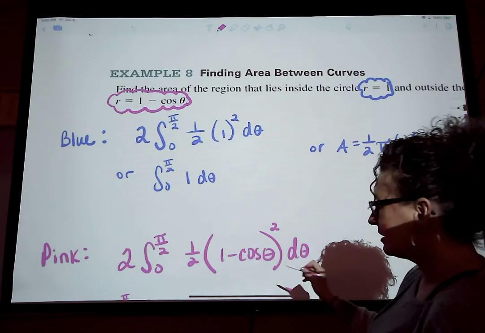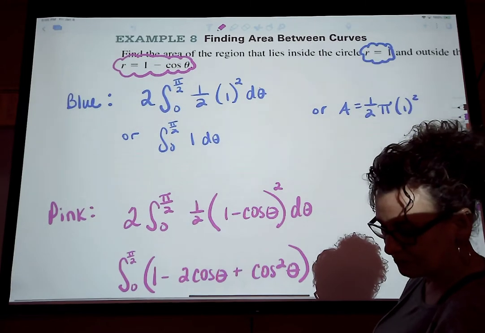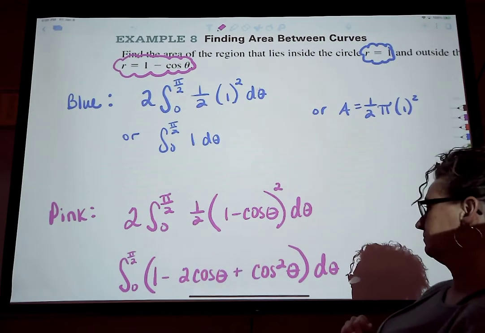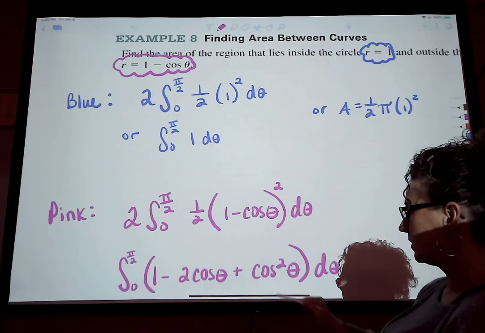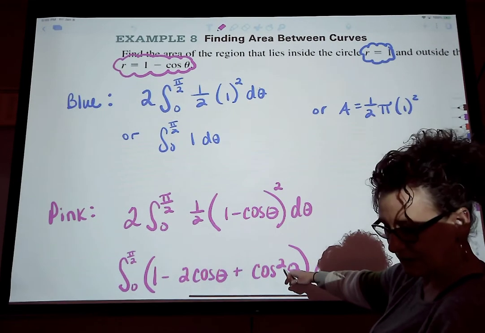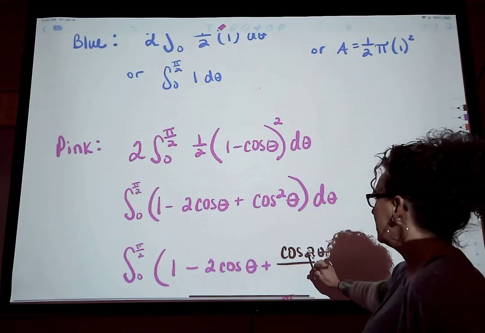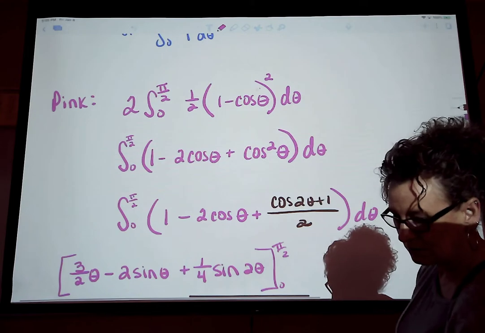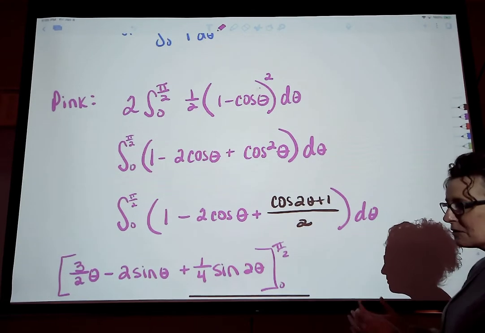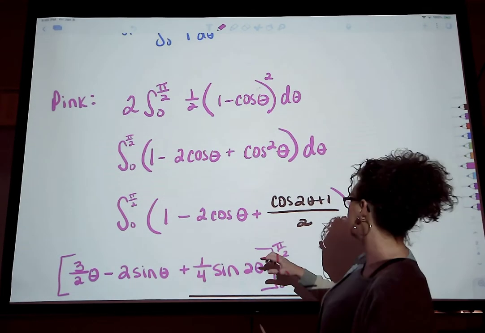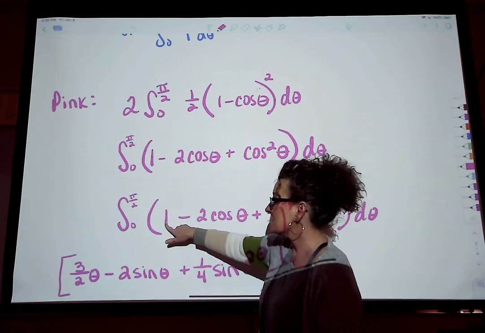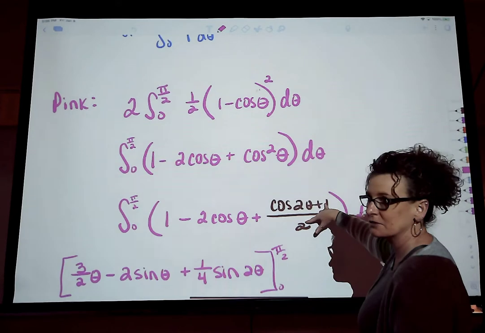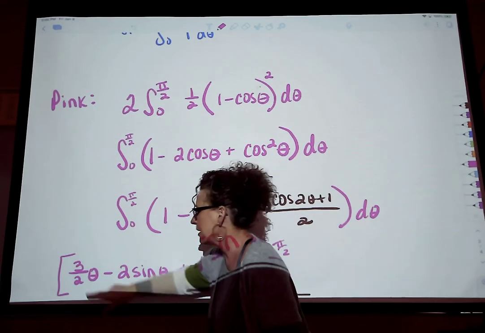So, kind of same concept. My 2 and my 1/2 cancel. I foiled. You're going to have to use a trig identity to get rid of this so you can do an antiderivative. There's my trig identity. I simplified in my head before I did an antiderivative, so this is a positive 1. This is a positive 1/2, which gives me 3/2, and when I do an antiderivative on it, I threw a theta on there.